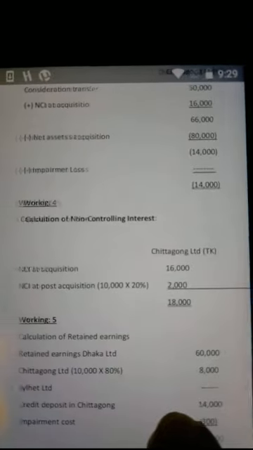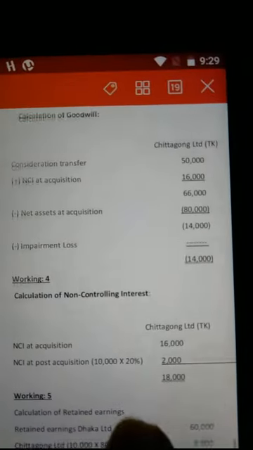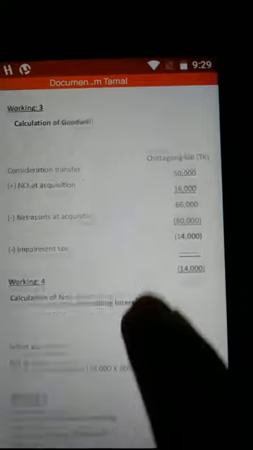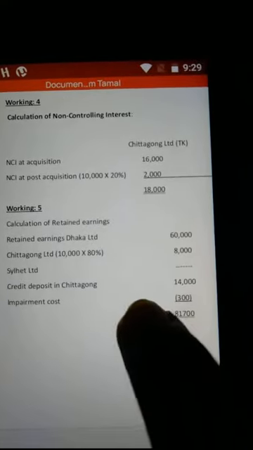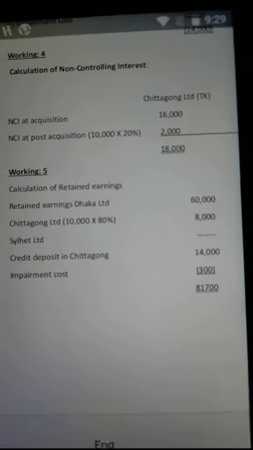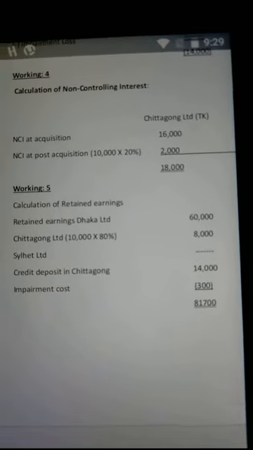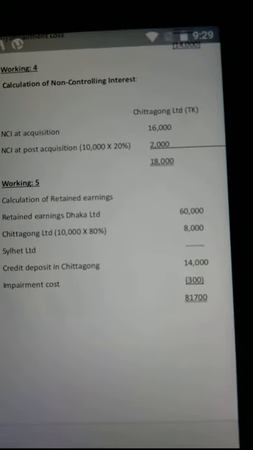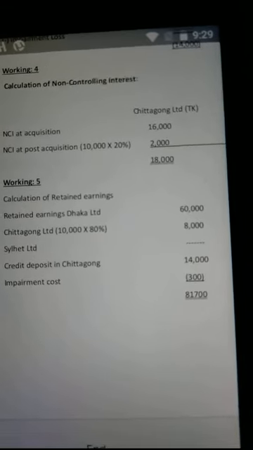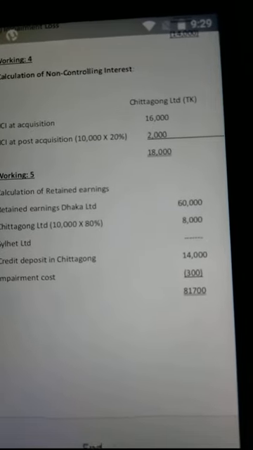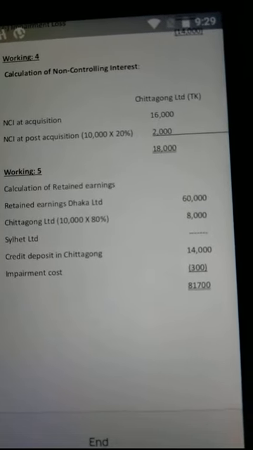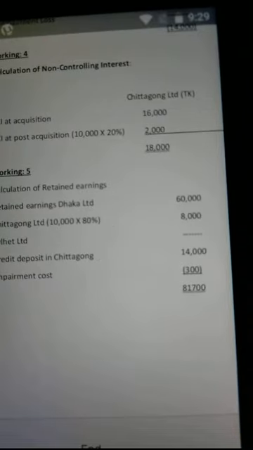The minus 14,000, which we have in working number 3, we have to write this loss here as plus, and we need to give the name as credit deposit in Chittagong, and then there's the impairment cost. We have to minus this, and we'll get 81,700. That is working number 5.